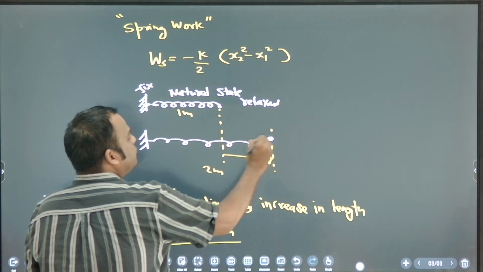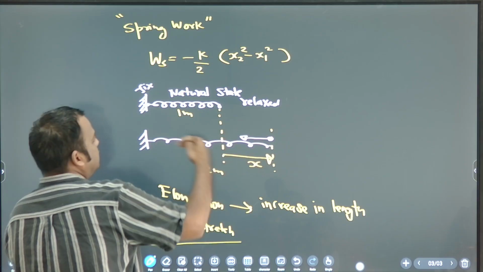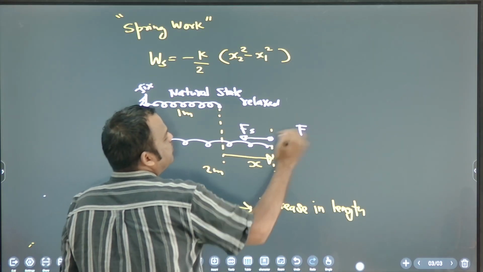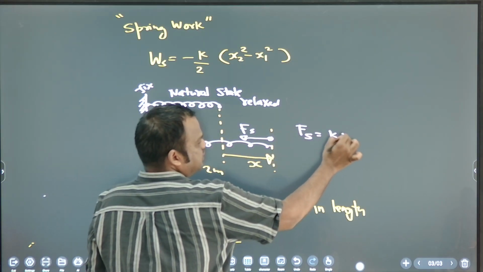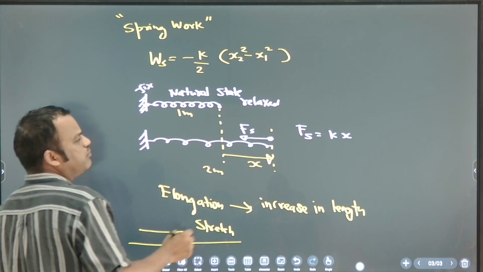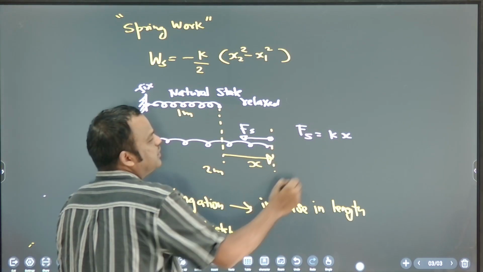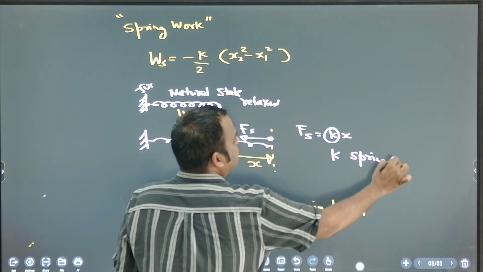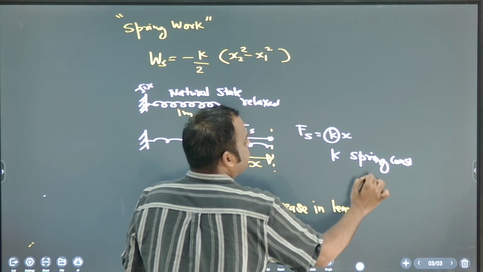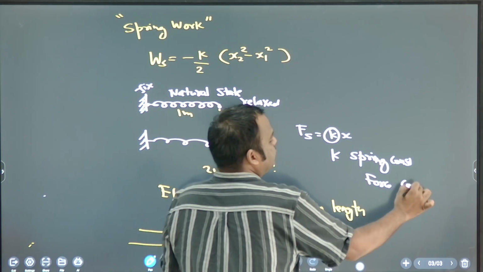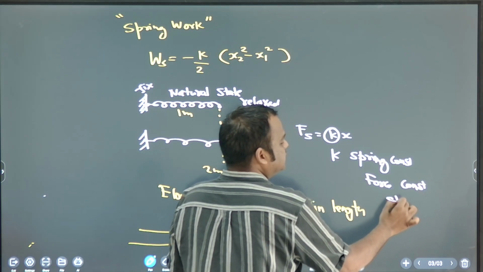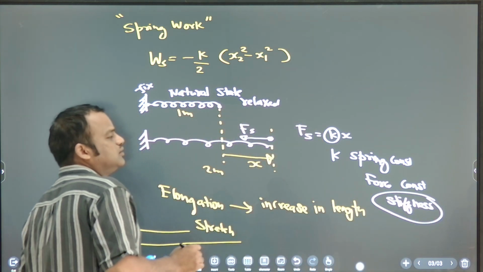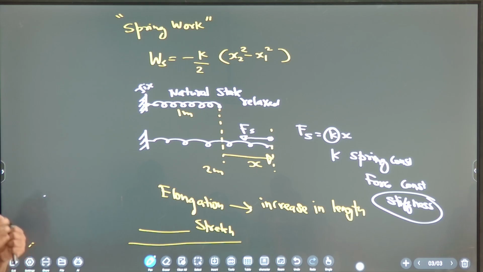So when elongation is x, spring force will act towards the spring. This is the spring force. What is the formula for spring force? Magnitude kx. Okay, k is a spring constant, or you can say force constant, or stiffness. So spring is very stiff.